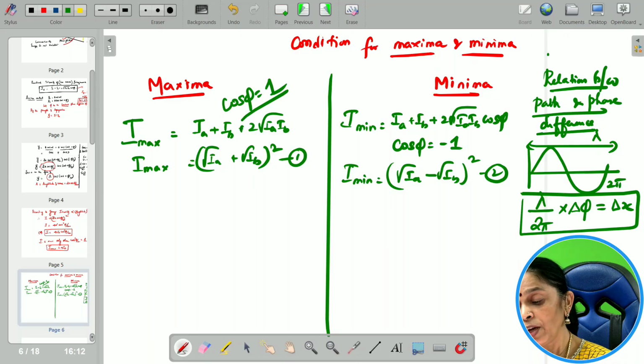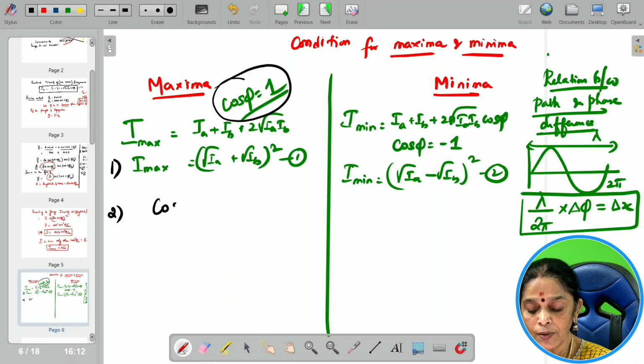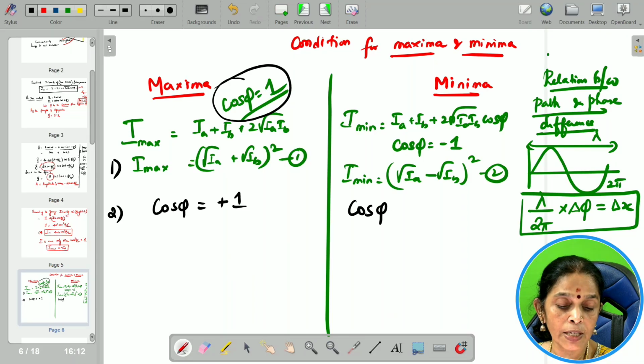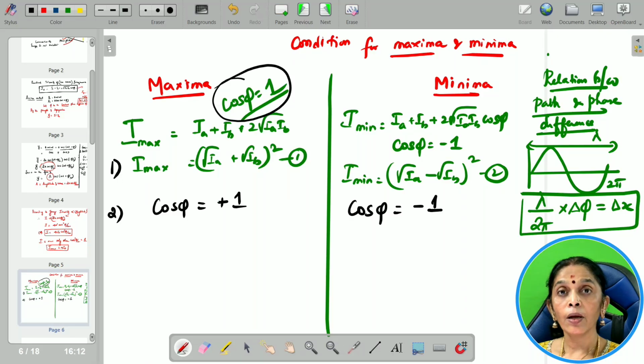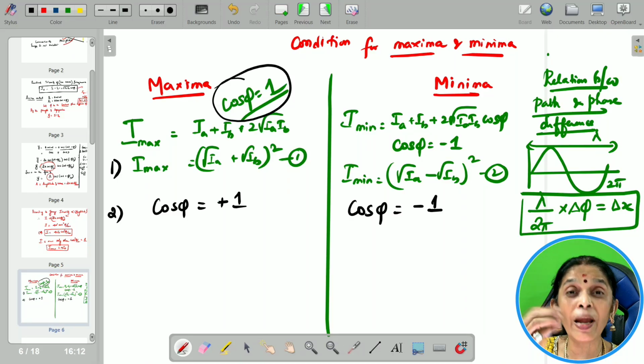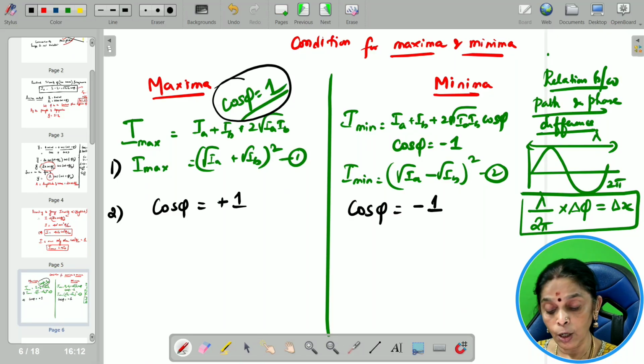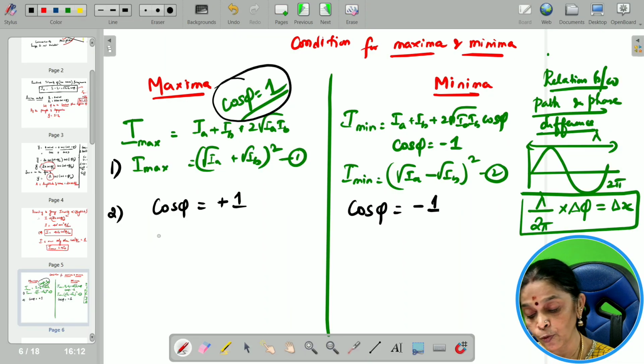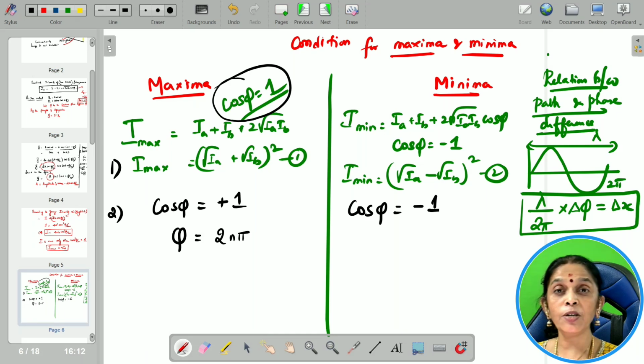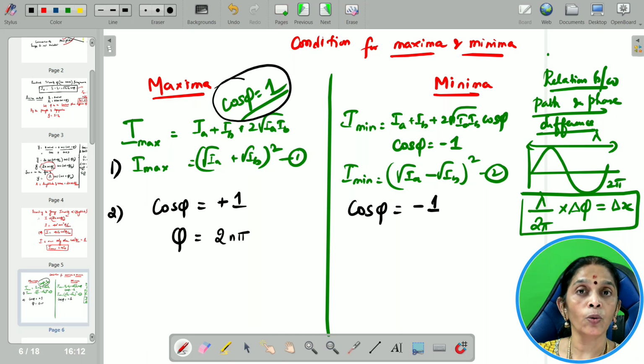Now, we have already seen that cos phi is equal to plus 1 for maxima, and cos phi is equal to minus 1 for minima. When will you get plus 1? What angle will you get? You will get 0 degree, 360 degree and so on. So therefore, phi will be equal to 2n pi. You put n is equal to 0, so you will get phi is equal to 0, and cos 0 is equal to 1.